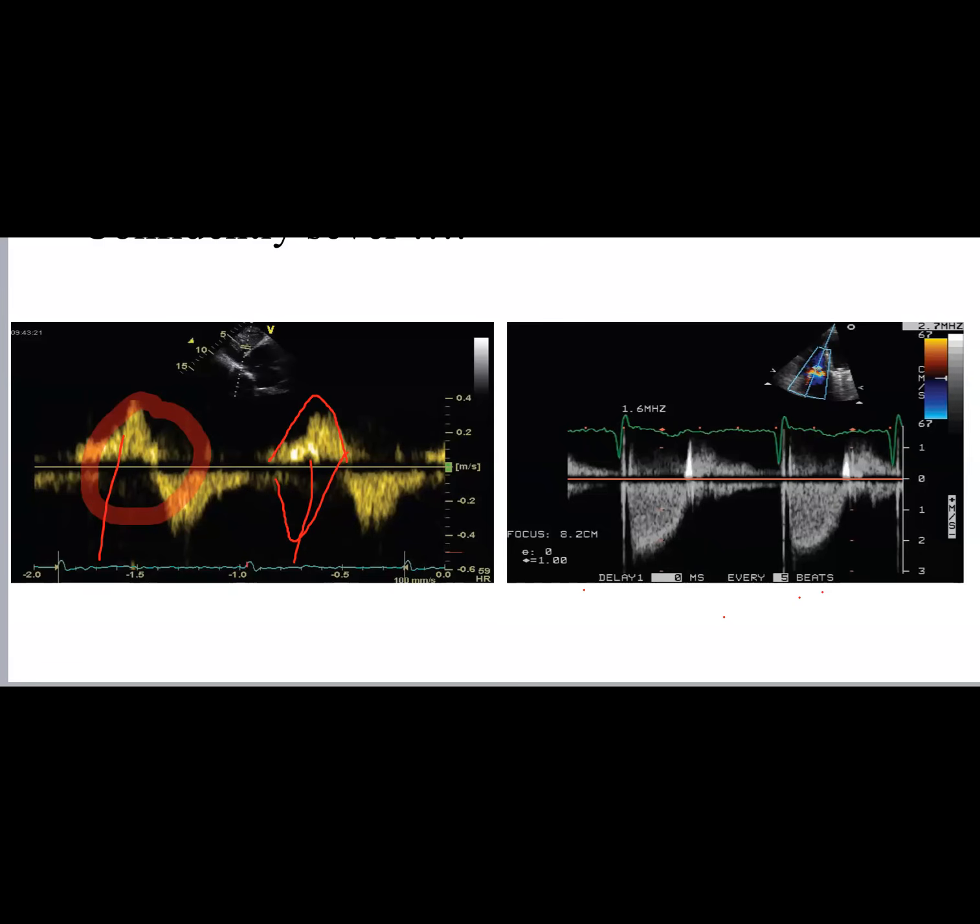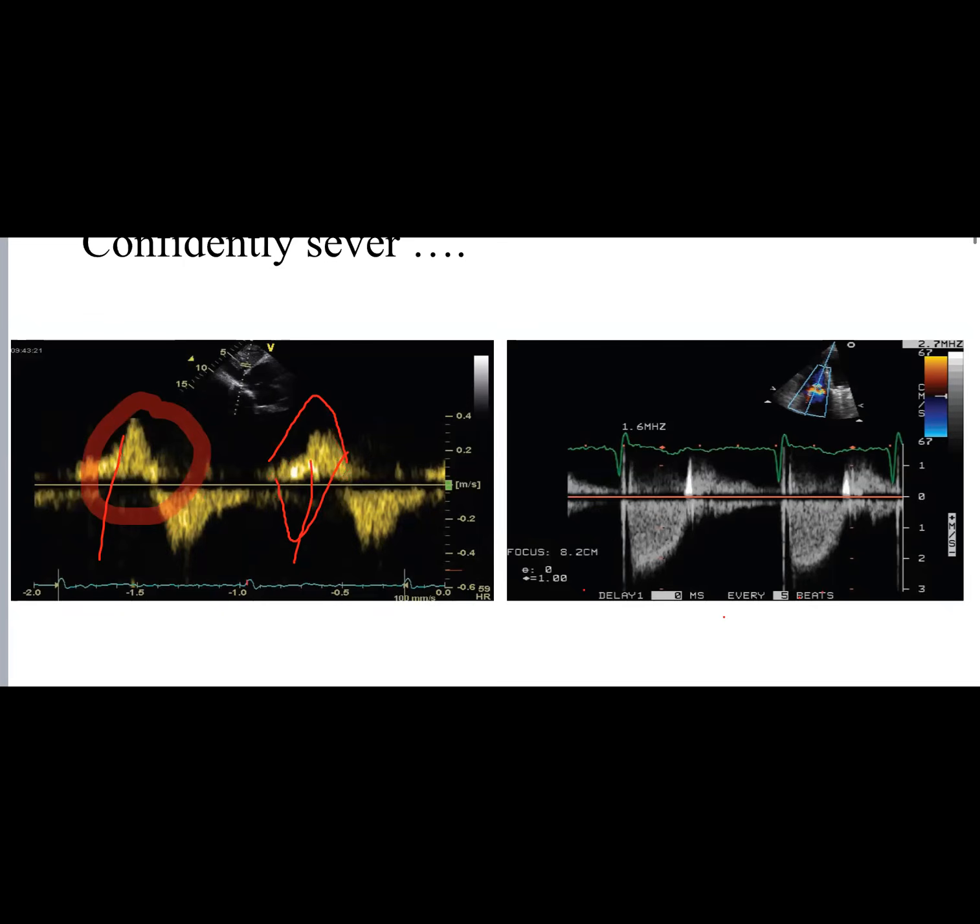So the RV systolic pressure tends to be low. Conversely, the RA pressure tends to go high. So the gradient goes low, so the velocity goes low. So there is no correlation between the velocity and severity. In fact, if there is a correlation, it's an inverse correlation. Meaning, the more severe TR you have, the more likely you are to have a lower peak velocity of the TR jet. You get this point?